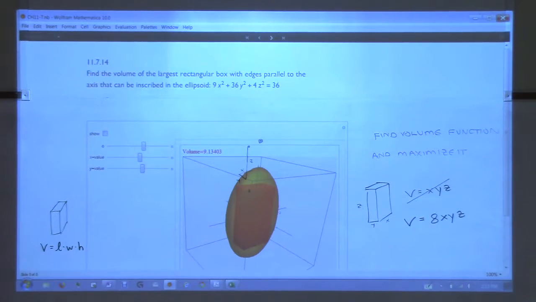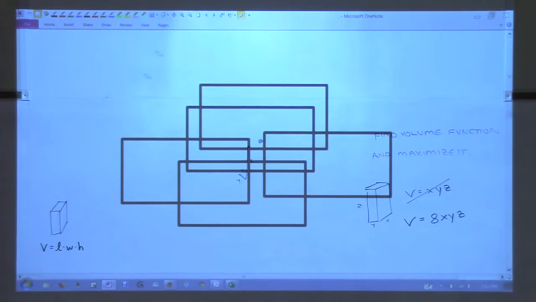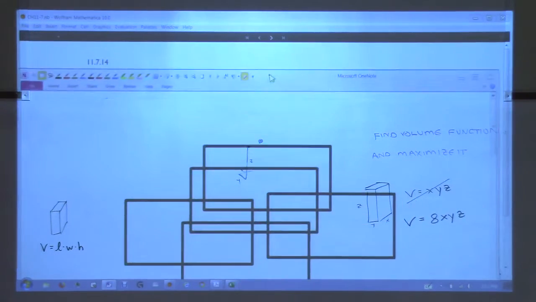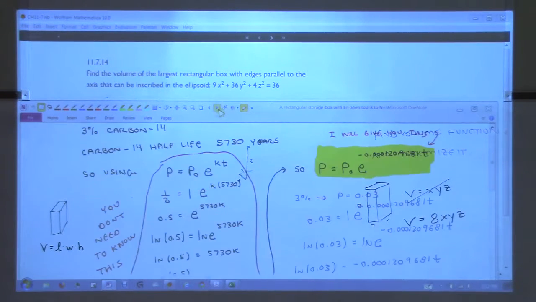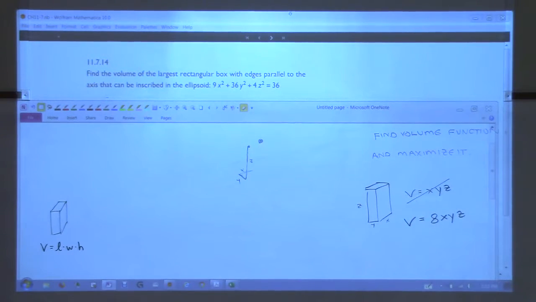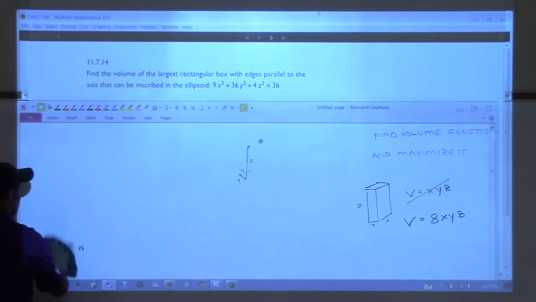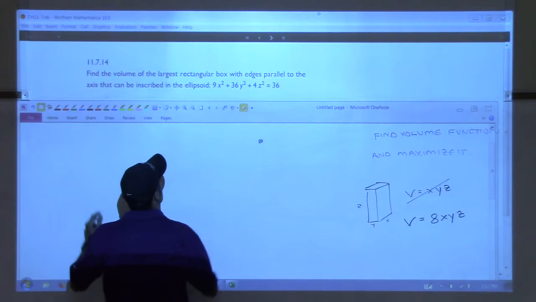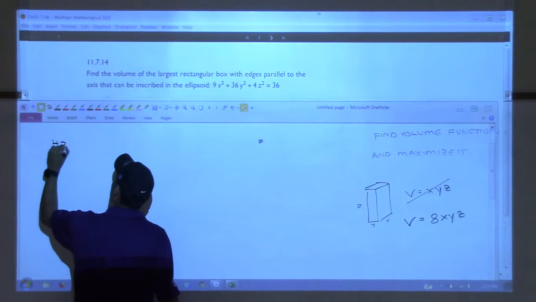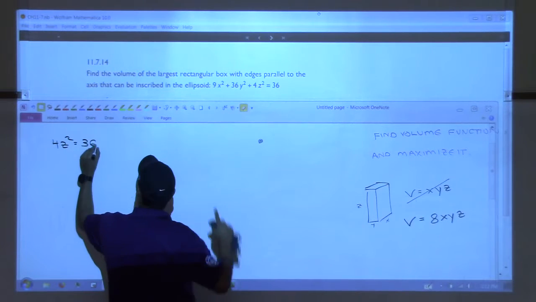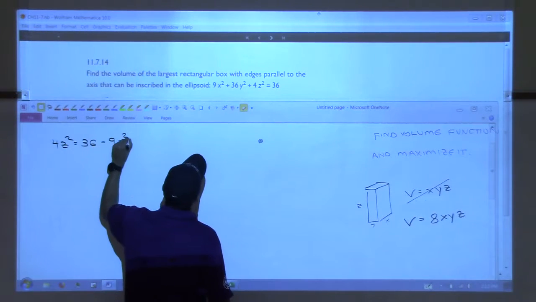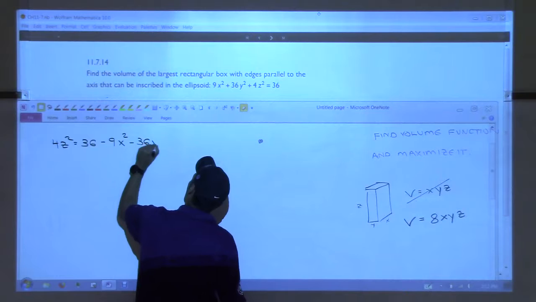I don't think I need this picture. Let's leave the problem there. Does everyone understand what I'm doing? Are there any questions on what I'm doing? Okay, so let's solve that for z. So 4z squared equals 36 minus 9x squared minus 36y squared.